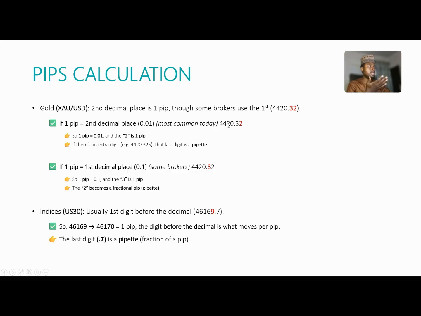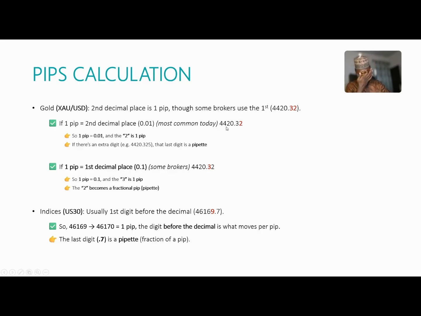This is an example of the price. From here, it will start counting. For some brokers, they don't have that pipette here, so it will start counting from the last number. When this changes, 1 pip, 10 pips, 100 pips, 1000 pips, 10,000 pips, 100,000 pips.